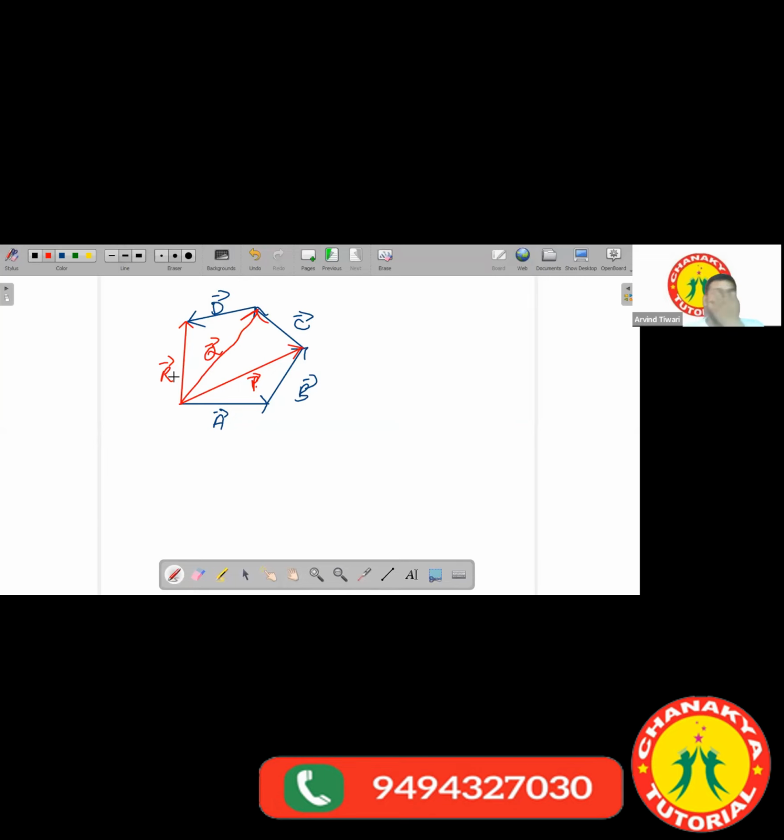So today we have done the triangle law of vector addition and parallelogram law of vector addition. Now let's try to do a small question depending on the parallelogram law of vector addition.